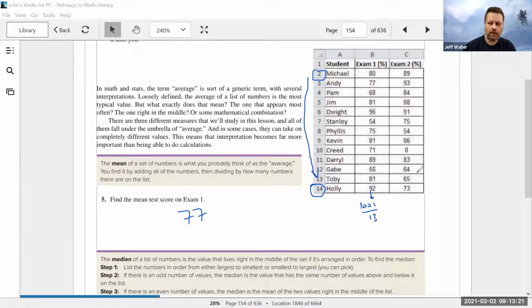Okay, now, incredibly enough, I want you to find real quick exam 2, right? So can you find exam 2's average? Did everybody get 77? Are you guys okay out there? Anybody not get 77?